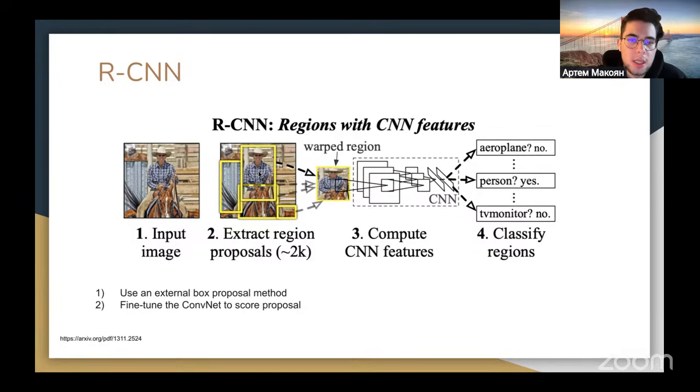That's not very interesting because it's an old algorithm. No one uses it now. But after that we take all regions and put them as input to a classification network, some CNN, for example, and it classifies what class it is, or maybe there is nothing inside. So here is a person.